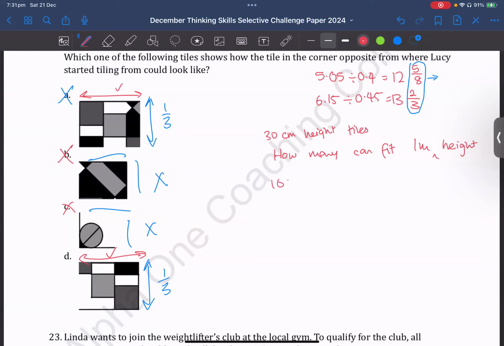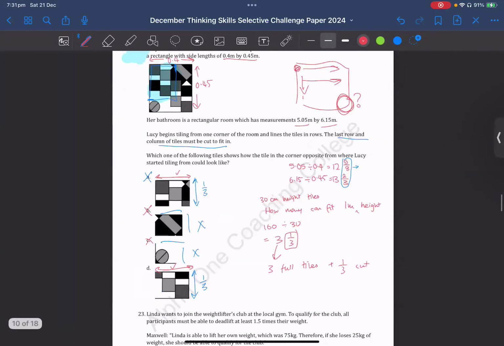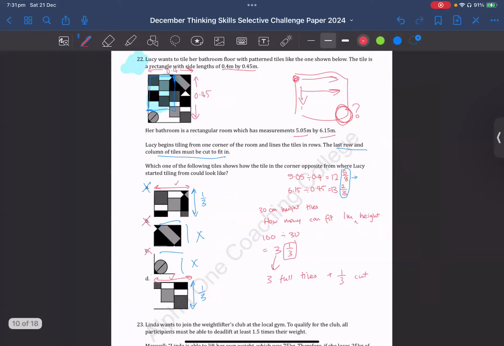And the way you do this is you do 100 divided by 30, which gets me 3 1/3, which means I've got 3 full tiles and 1/3 of a cut tile, and that is the height. I'm happy to revisit this question later, but I believe this question is incorrect just because the height isn't there. I hope that makes sense.